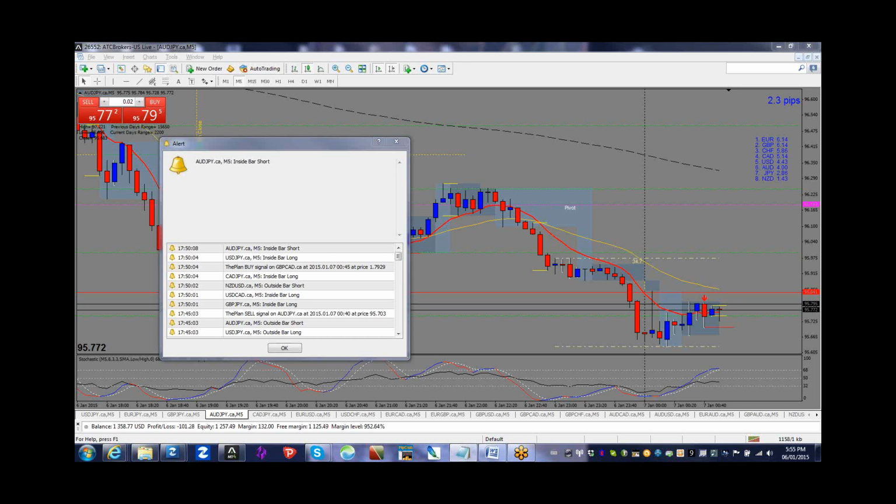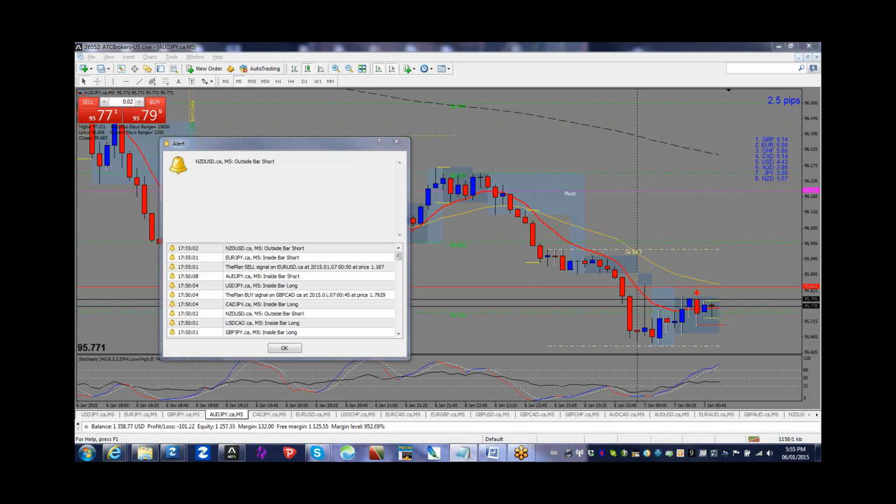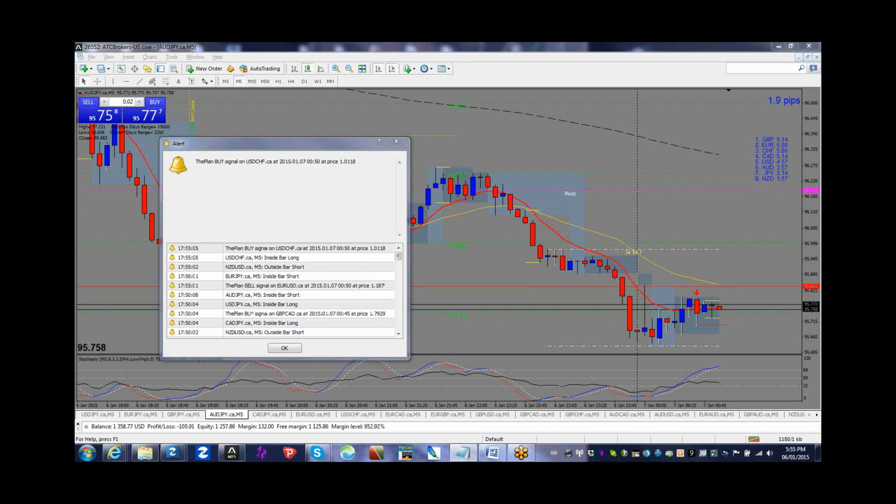So your stochastics had turned red at that point in time. You had broke the inside bar. Your RSI is below 50.